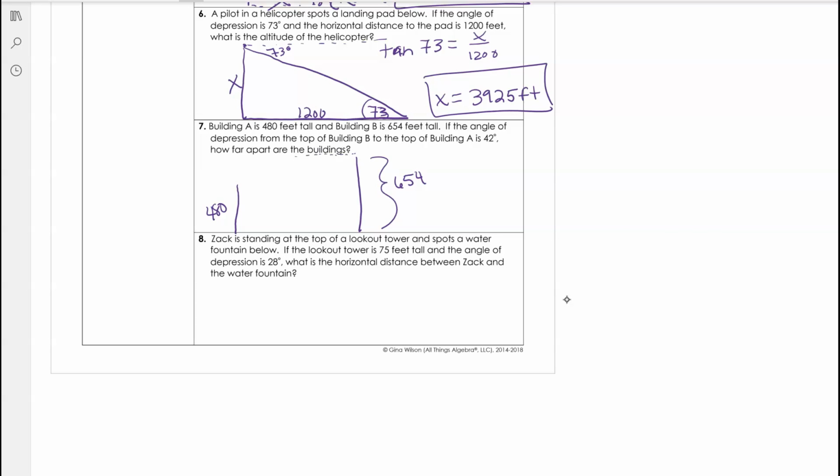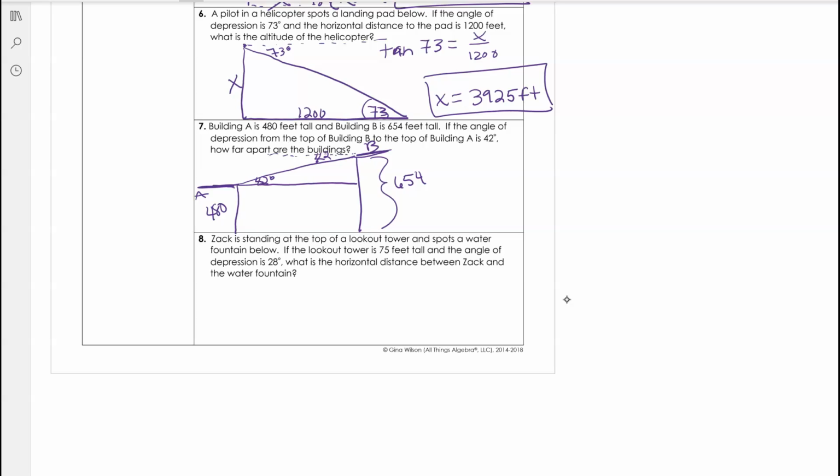So keep in mind, straight out and looking down, that is 42. So that means this is 42 degrees. So here's the top of building A. Here's the top of building B.